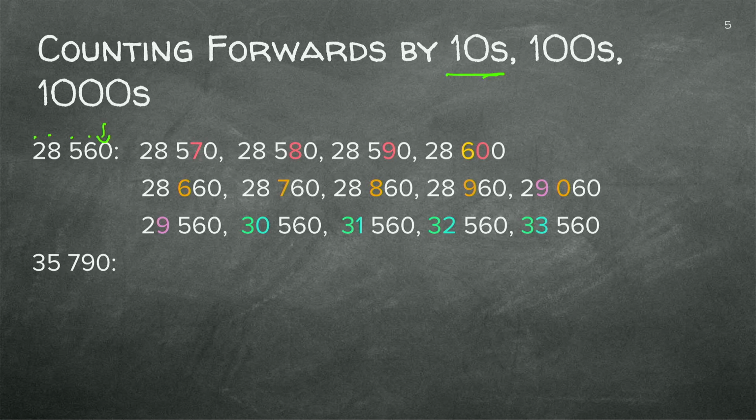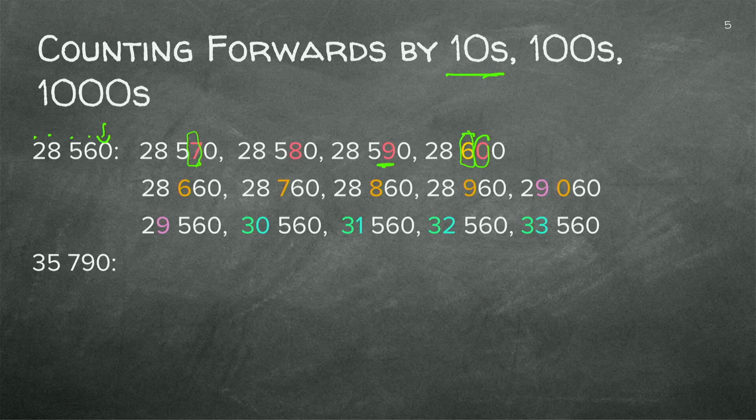Okay? So if we have to count forward by 10, we look at the tens column. So it's 560, so it will be 570, 580, 590. And now what do we do? That 90 becomes 0, and we're going to increase our hundreds column by 1. And then we're just going to continue 600, 610, 620, and so forth.